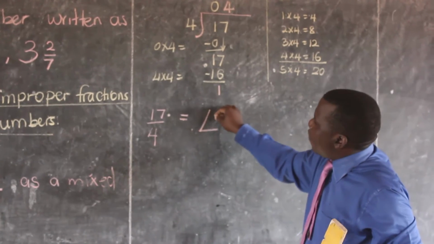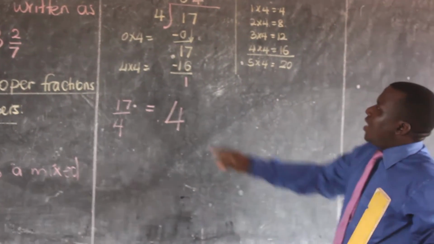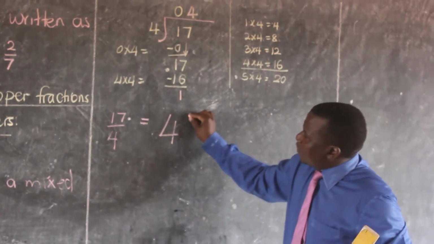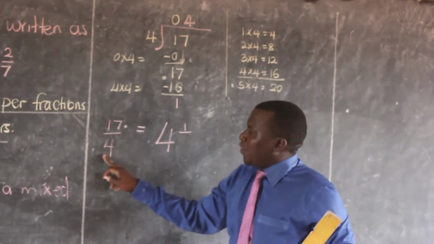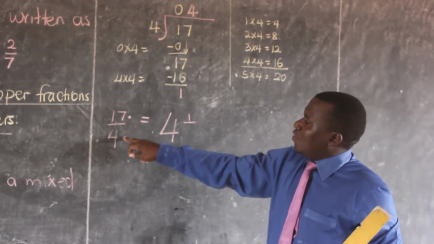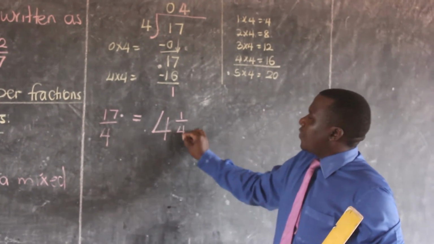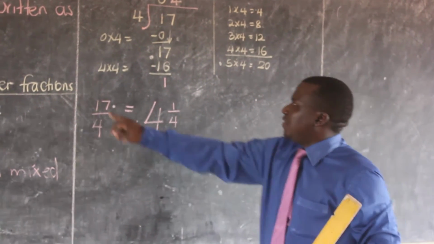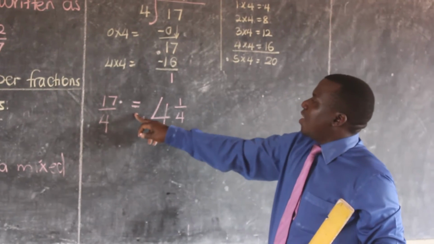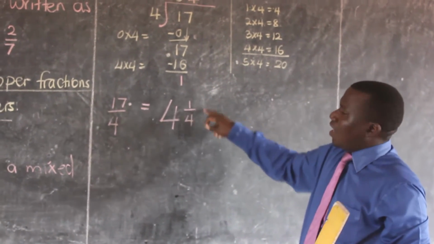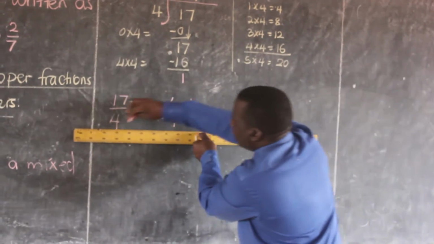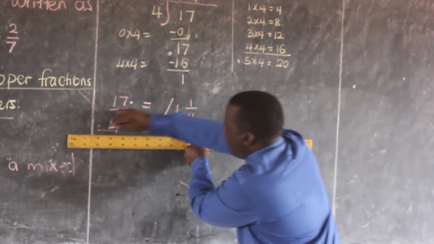So you get 4 whole numbers, and the remainder becomes your numerator out of this very 4. You maintain the denominator 4. So it means 17 out of 4 as a mixed number is 4 whole numbers and a quarter. I hope you are getting it clearly.